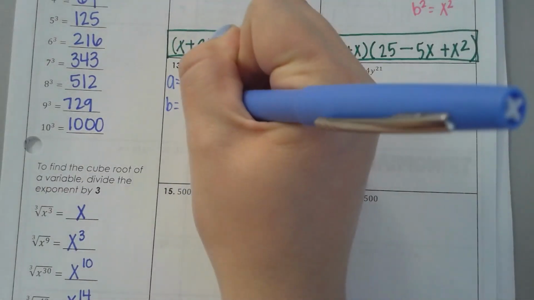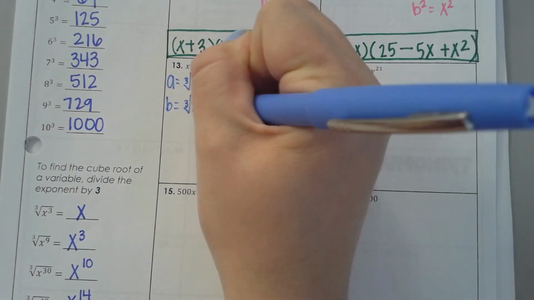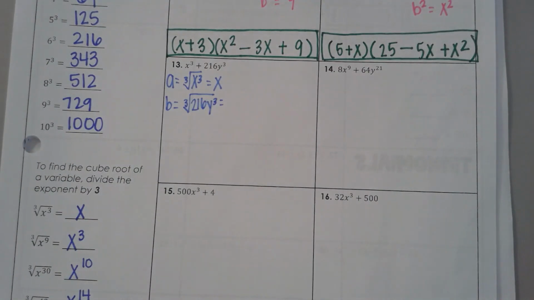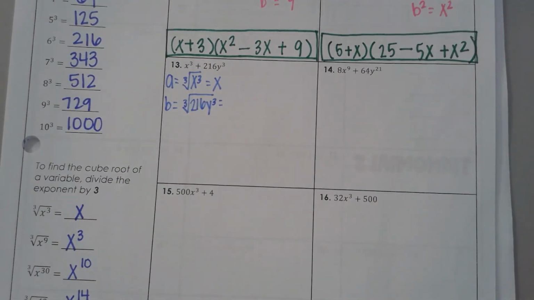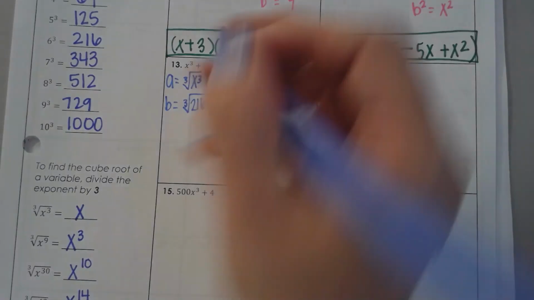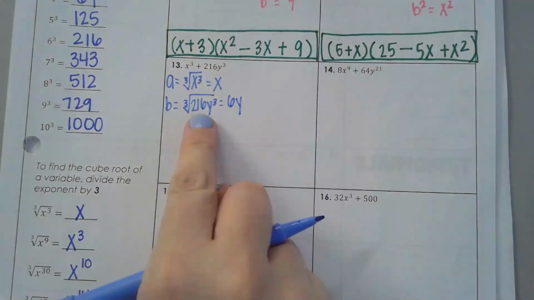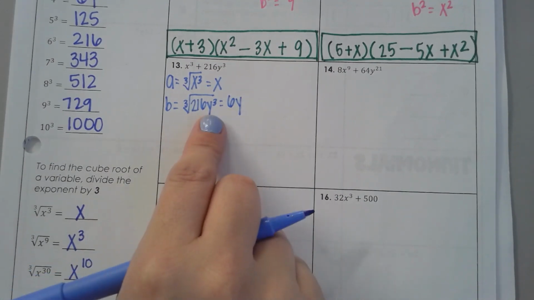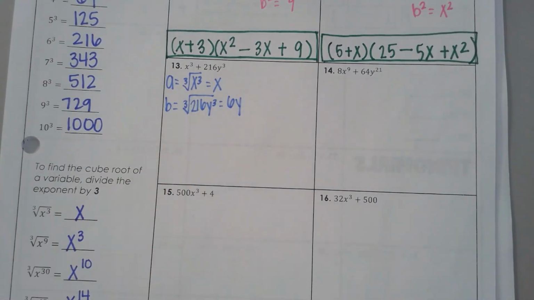B would be the cube root of 216 y cubed. What's that? 6 and y. Yeah, 6y. Because the cube root of 216 is 6, and the cube root of y cubed is y.